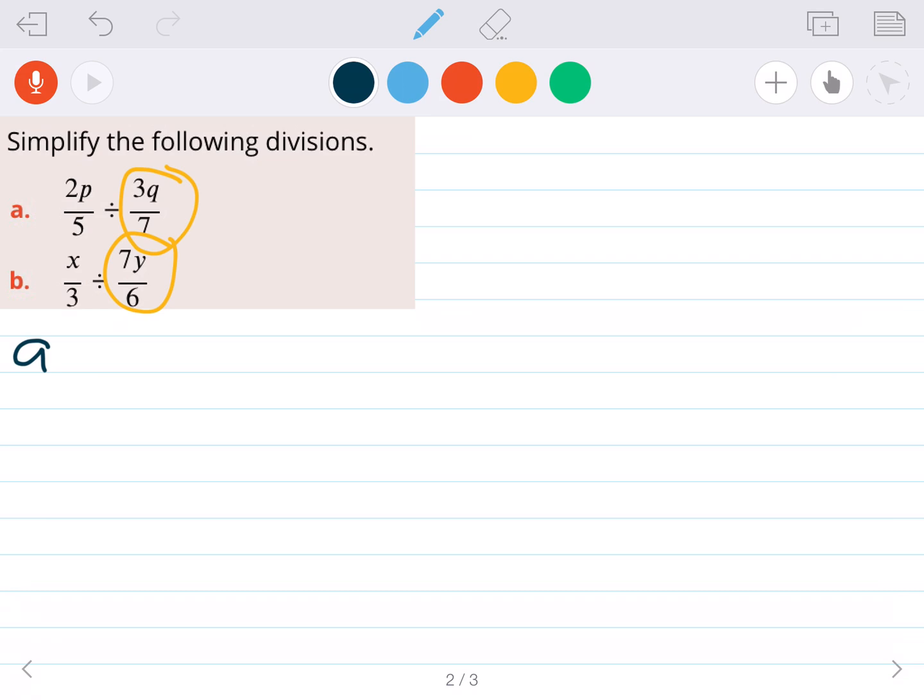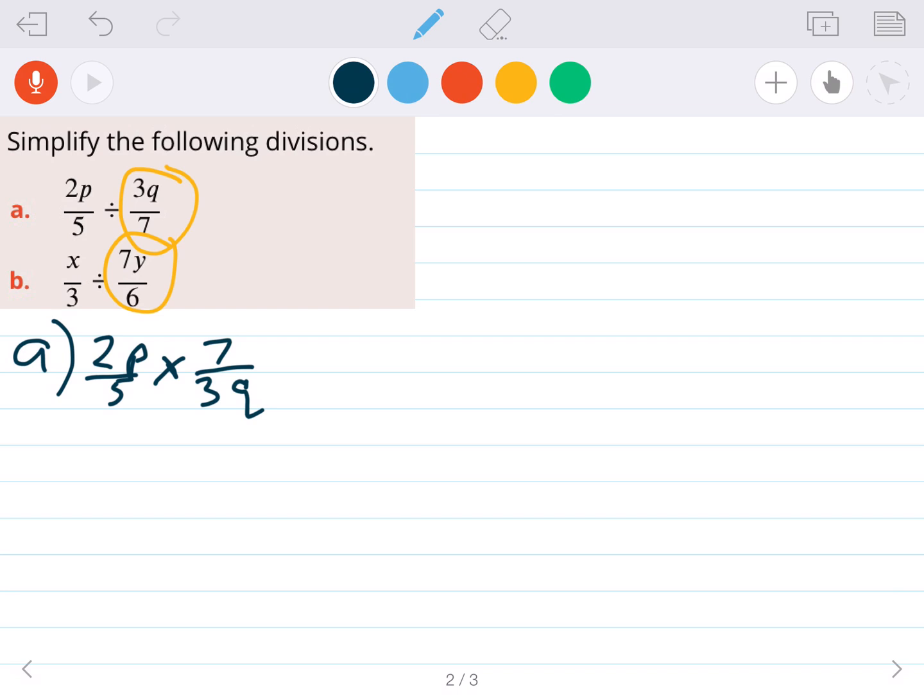So for A, we still have our 2p over 5, but then this is multiplied by the reciprocal, and that just means flipping it. So this just means multiplied by 7 over 3q. Okay?